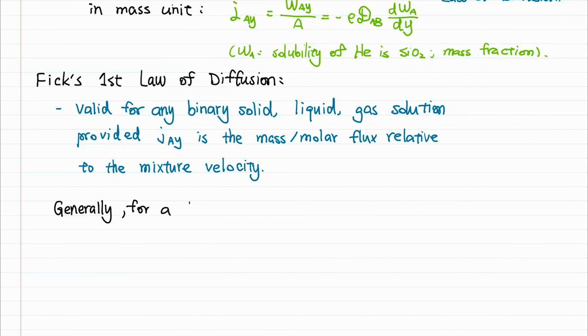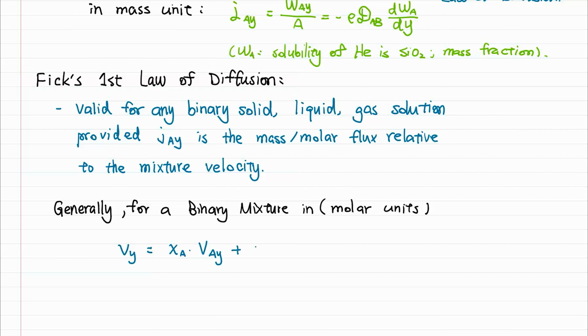For a binary mixture in molar units, we can write the overall velocity of two components as the molar fraction of each component times each individual velocity and sum that up, right?